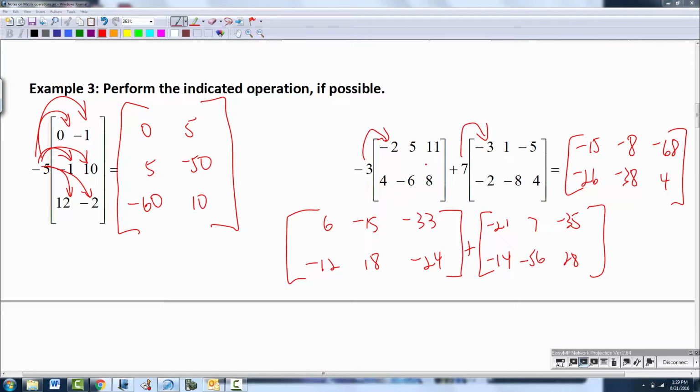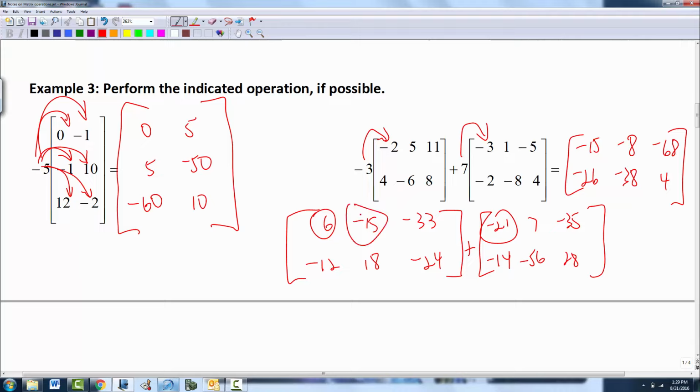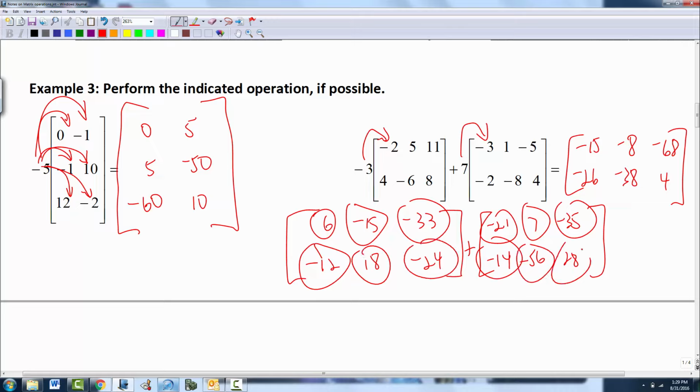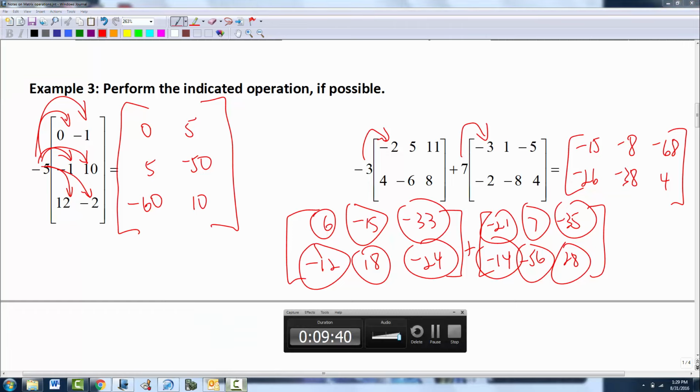Then after you distribute, you add the corresponding components. So that's where I get negative 15. That's where I get negative 8. That's where I get negative 68. That's where I get negative 26, negative 38, and 4.